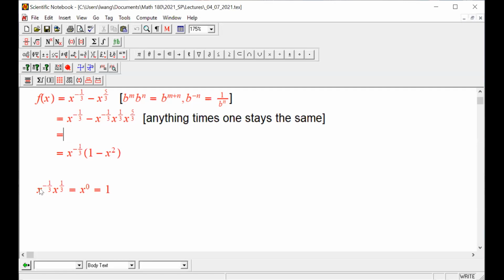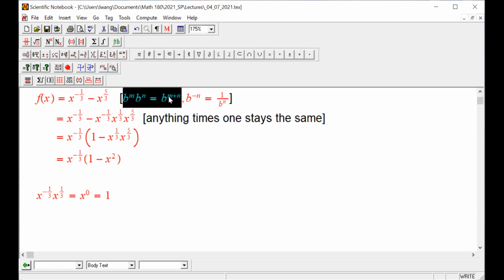Now with exponents, sometimes this is very useful. So now we can factor out this guy. And we have a parentheses, and we have a 1 minus these two together. You add 1/3 with 5/3.